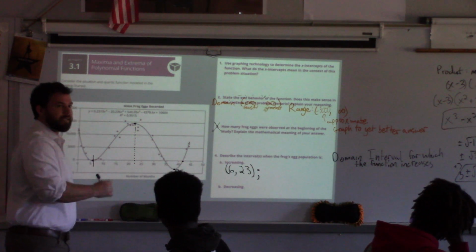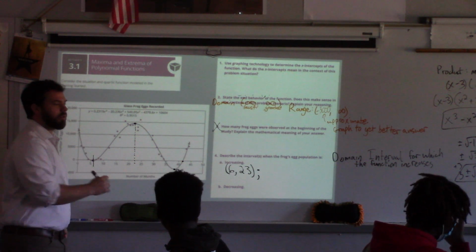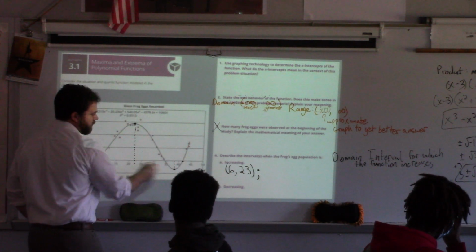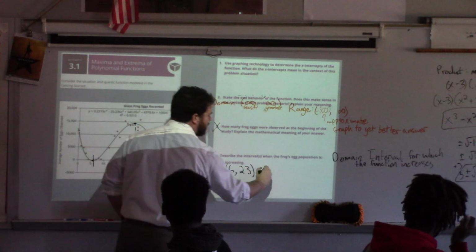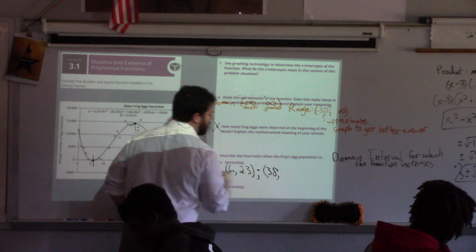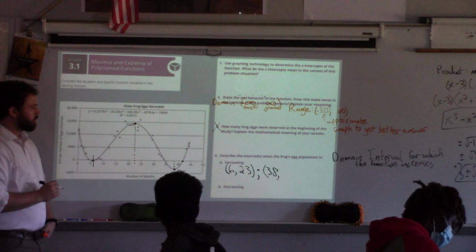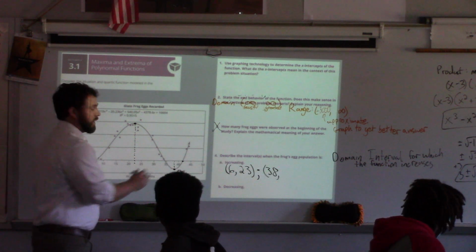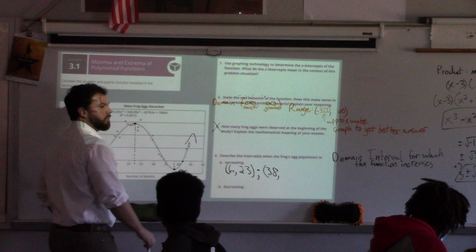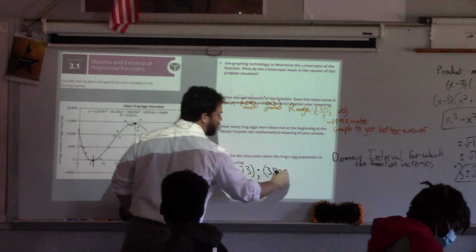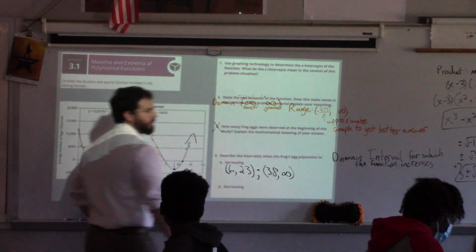Notice, it has to hit a relative minimum to start what? Increasing. So what does it look like that x value is? 38? Where would it stop increasing? I think it'll go to infinity because it has an arrow. Is it ever going to stop going up? No. And so what's the domain value for which it finishes increasing? Oh, well, it never does, so it goes to infinity.